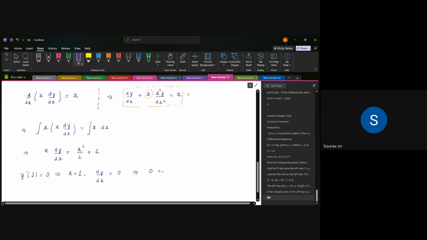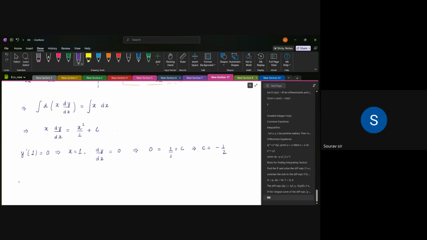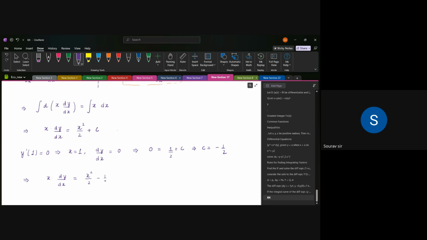So 0 equals 1 by 2 plus c. So this will give you your c as minus half, right? So x times dy by dx is equal to x square by 2 minus half.